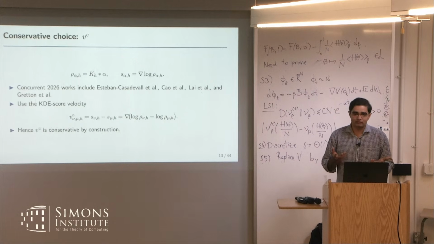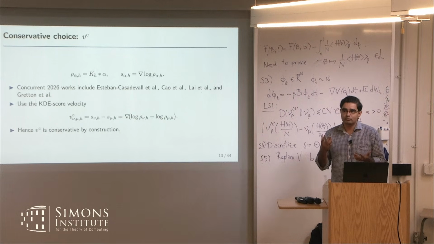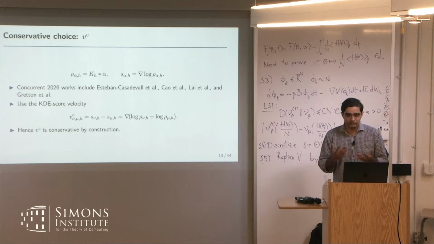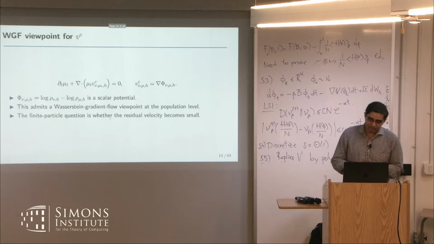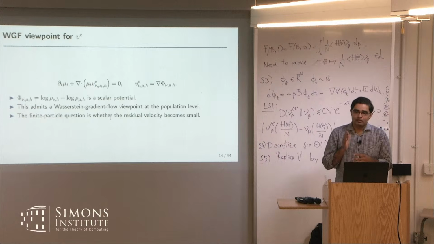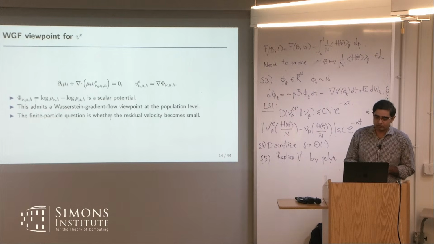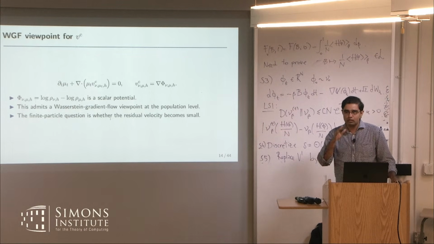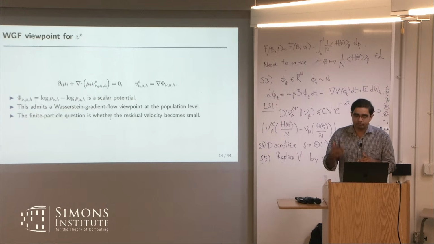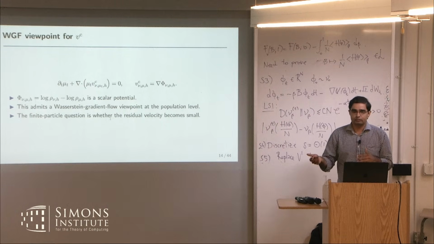So essentially, which is meaningful from practice, which is meaningful from theory, right? Before going to that, one advantage of using a conservative velocity field, as I was just alluding to, is that you can interpret the whole interacting particle system as a discretization of the Wasserstein gradient flow, right?